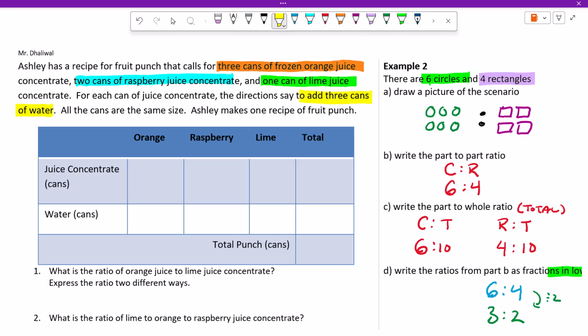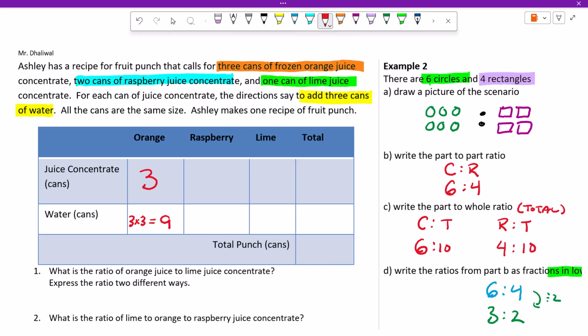According to our recipe, how many cans of orange concentrate do we need? 3. For that orange juice, how much water do we need to add? 9, because for every can, we need to add 3 cans of water. So 3 times 3 gives us 9. Now we go on to raspberry.